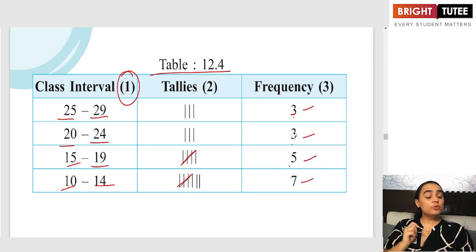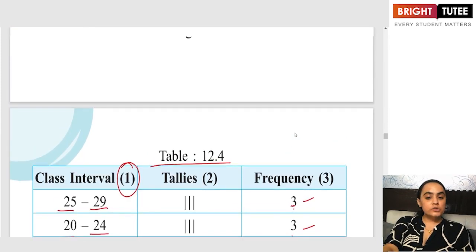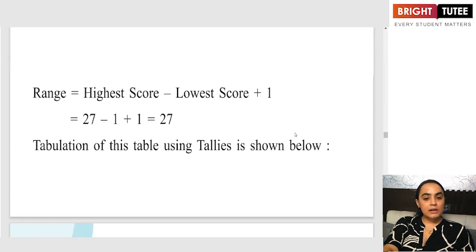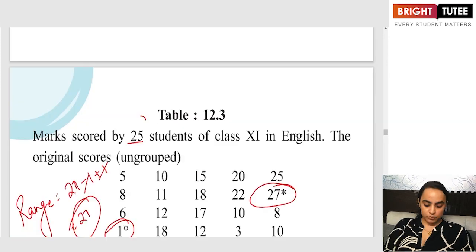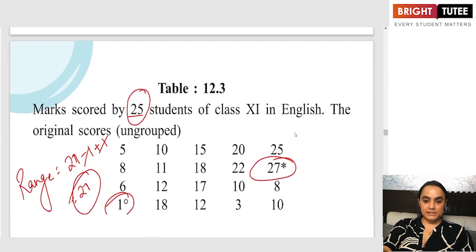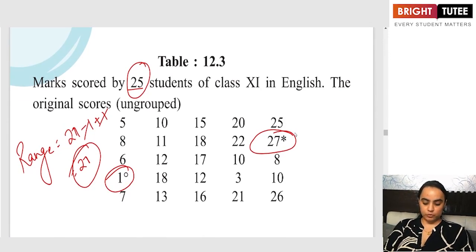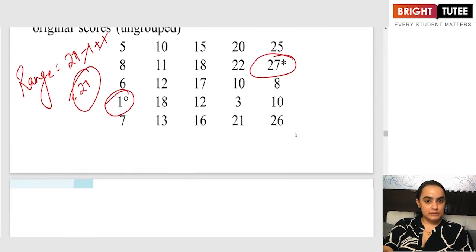I'll tell you one more trick to cross check that the tally marks and the frequency that you've calculated are correct. The question will always tell you the number of students for which the data is given. 25 students. So this is the data of 25 students. These are 25 numbers.